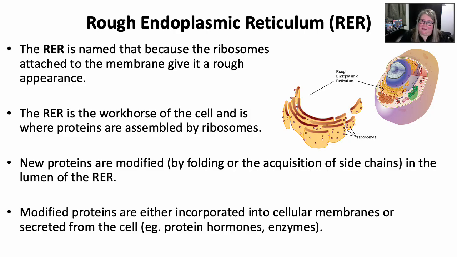All of the modification happens in the lumen of the ER, in that cisternal space. Modified proteins are either incorporated into the cell membranes, or they're released from the cell. Think of protein hormones like insulin, and enzymes that are needed to break things down or build things up.